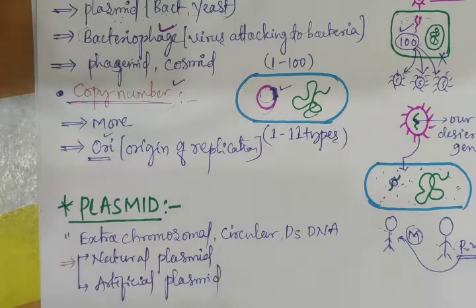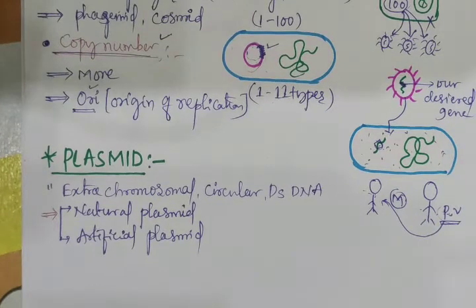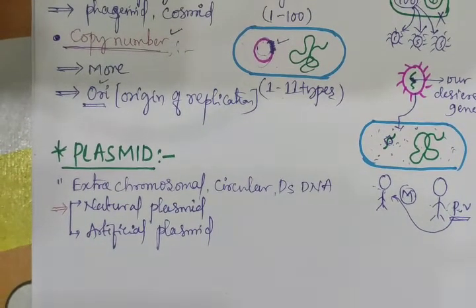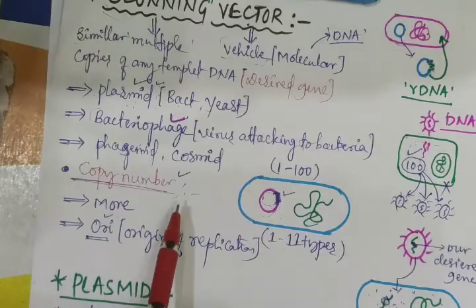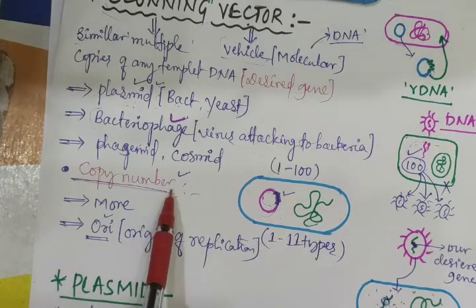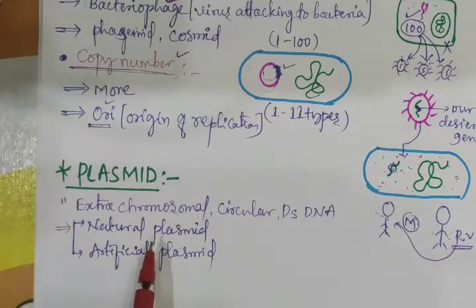These artificial plasmids are prepared in the lab according to our wish. In artificial plasmids we can decide the copy number, but in natural plasmids we cannot regulate the copy number.